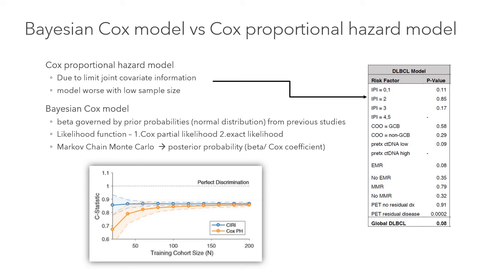You will see in the lower picture that if the training size is low, like less than 50 people, the C statistic is much different between this Bayesian Cox and Cox proportional hazard model.